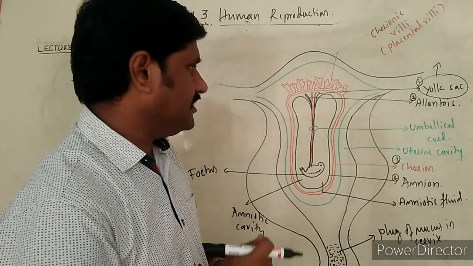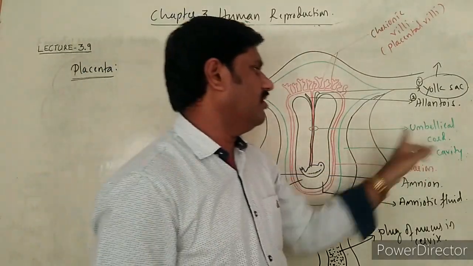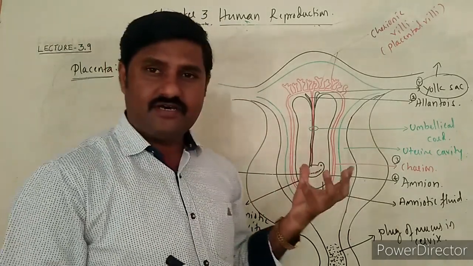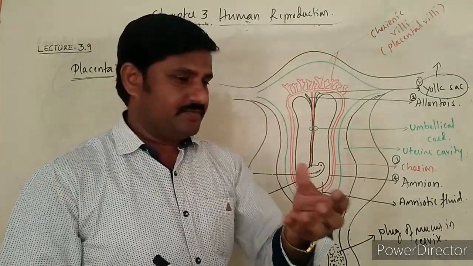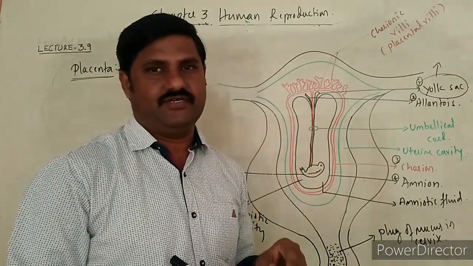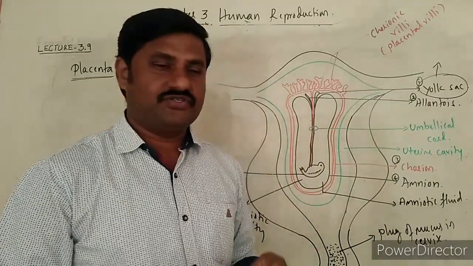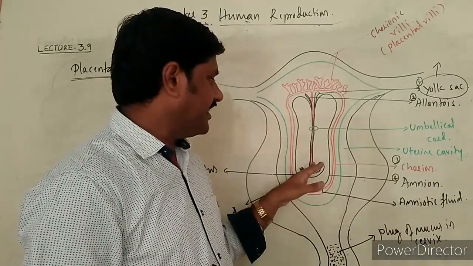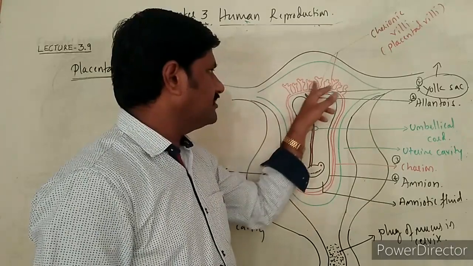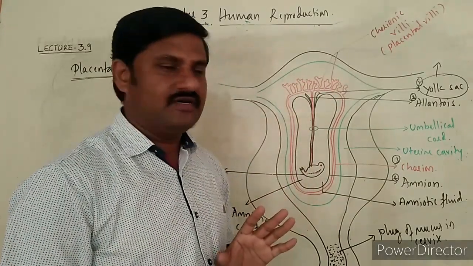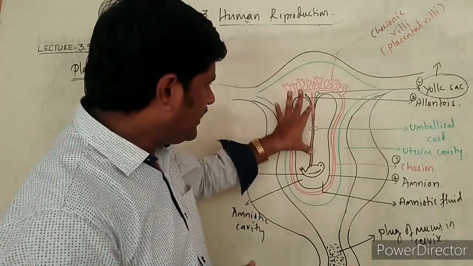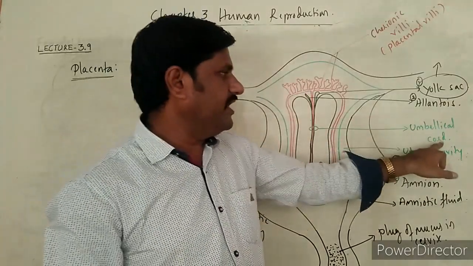Okay. Come to the next one, the umbilical cord. What is this umbilical cord? After the placenta, it continues as a cord-like structure, and that cord-like structure makes the connection between the placenta, the mother, as well as the fetus. That linkage is called the umbilical cord.